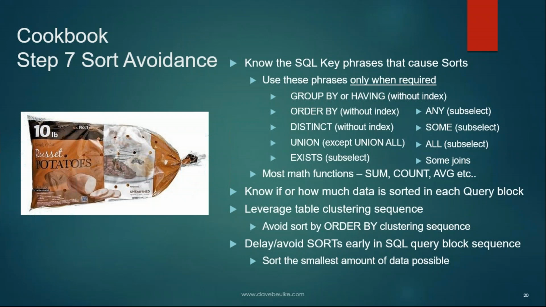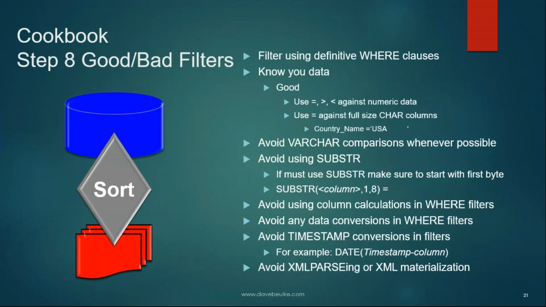And you want to leverage the table clustering sequence by ordering your SQL, or putting an ORDER BY on the clustering sequence. Sometimes you can avoid a sort completely, but still have things in a clustering order. The whole idea here is you want to avoid sorts as much as possible.